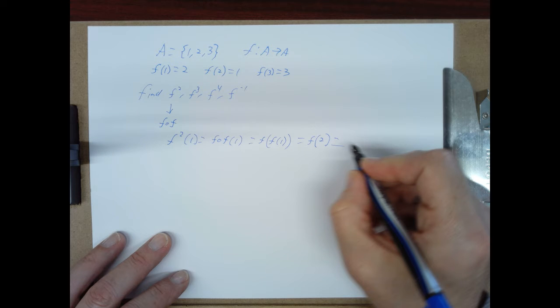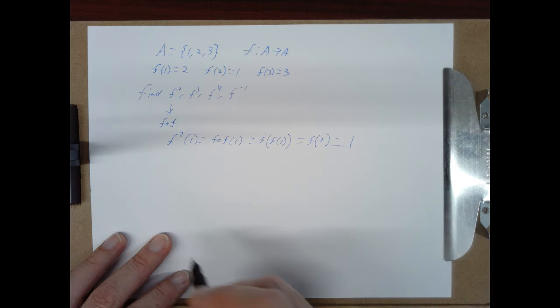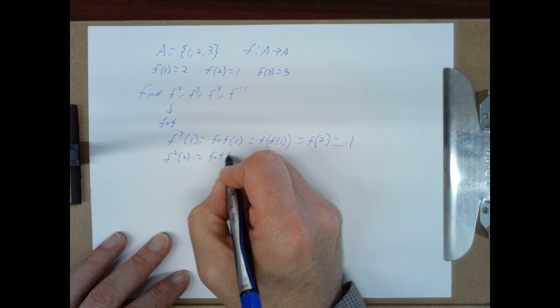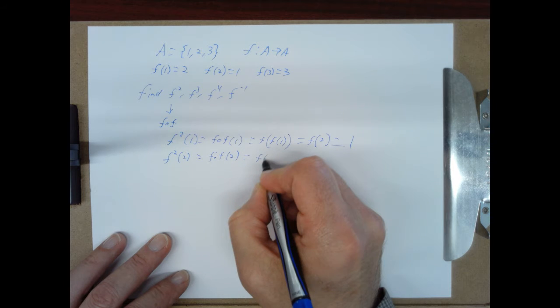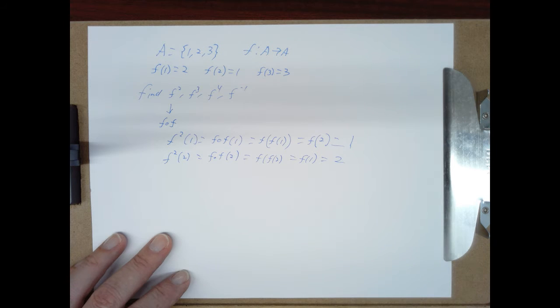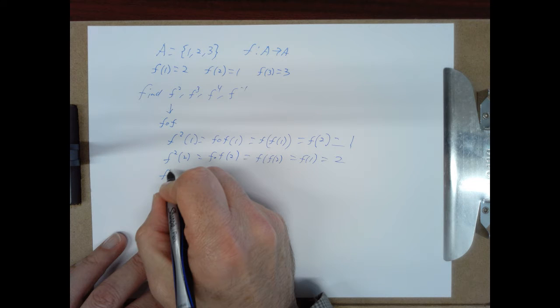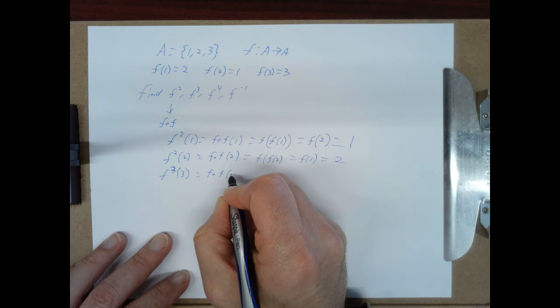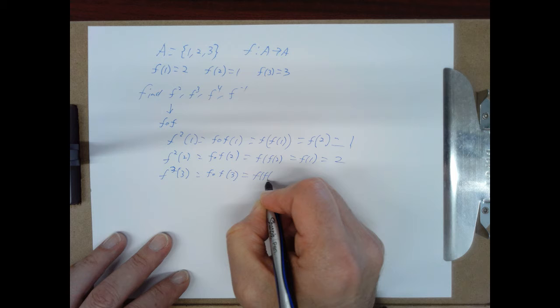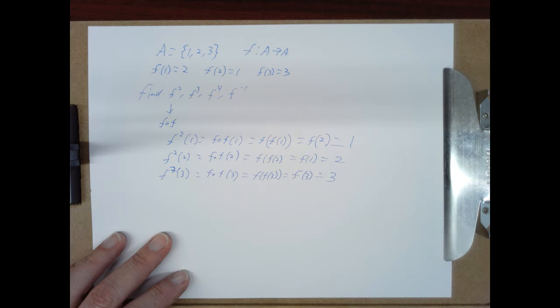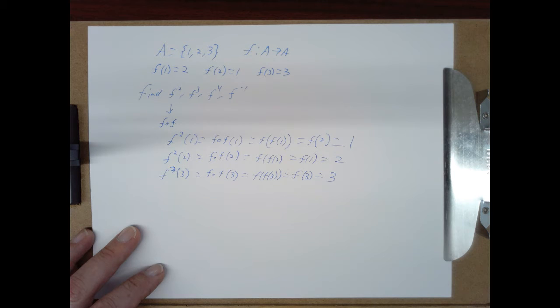So f squared carries 1 to 1. f squared of 2 is f composed with f of 2, which is f of 2, which is f of 1, which is 2. And f squared of 3 is f of 3, and f of 3 is 3. So f squared carries 1 to 1, 2 to 2, and 3 to 3.